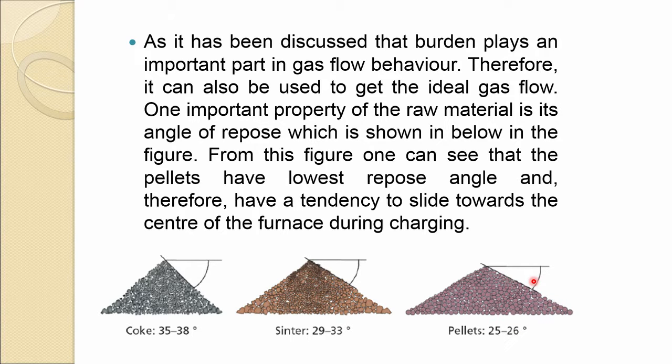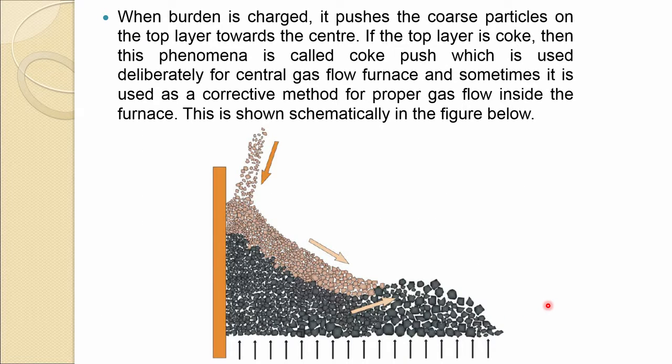Pellets tend to become flat when you are charging, whereas the coke layer will not become as flat as pellets. Usually when the burden is charged, the profile of the pellets will go a bit like this, while the profile of the coke would be much sharper.